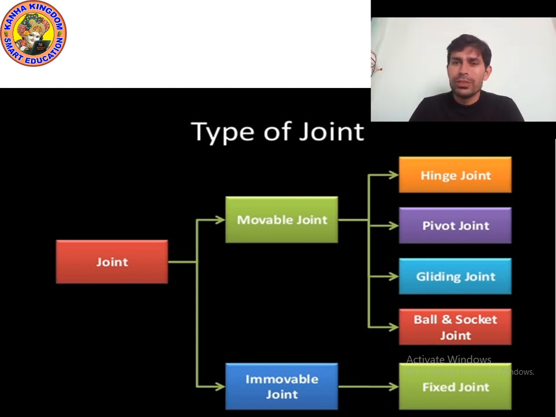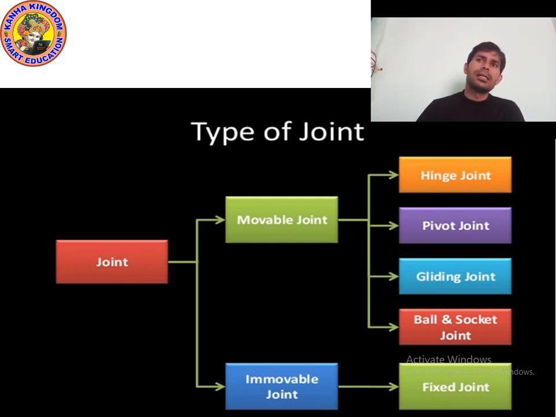Hinge joint, pivot joint, gliding joint, and ball and socket joint. These are the four movable joints. And there is only one non-movable joint, which is the fixed joint.